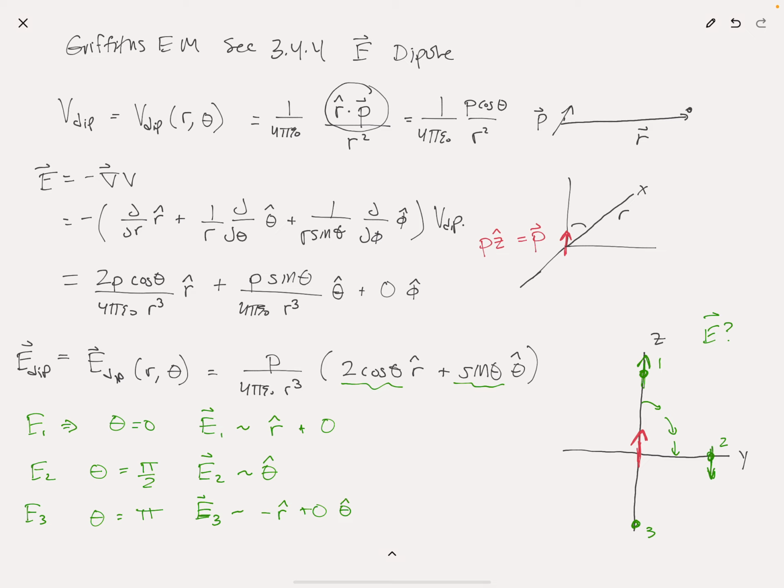At this point in space, the r hat points outwards, and minus r hat points inwards. So it's pointed like that. So I can draw my field lines connecting those. And this is the field of a dipole. It looks like this.